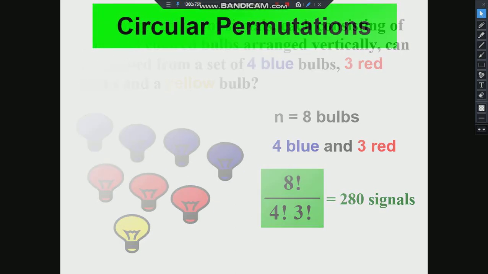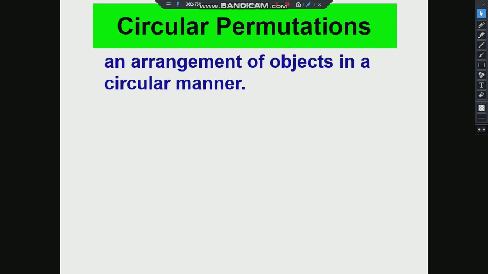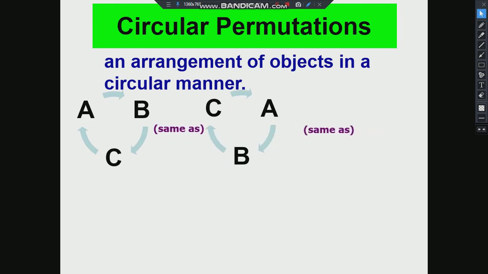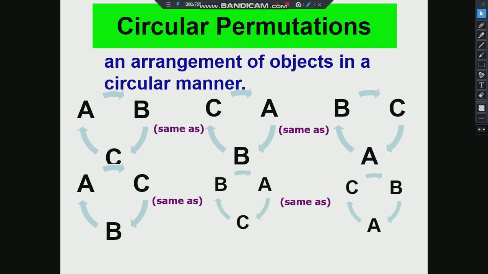And the last type of permutation is about circular permutations. It is an arrangement of objects in a circular manner. ABC is just the same as another one. Okay, please take a look at the presentation. What does this indicate?